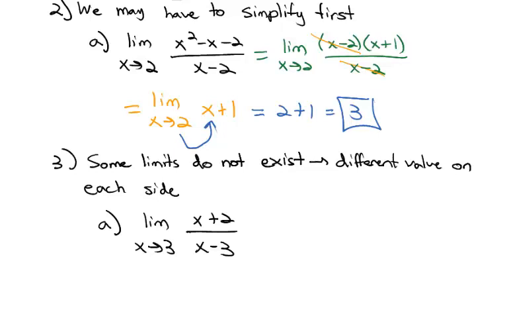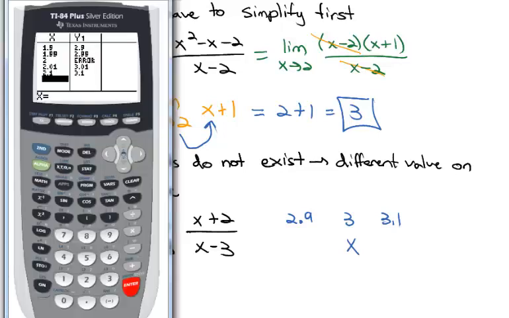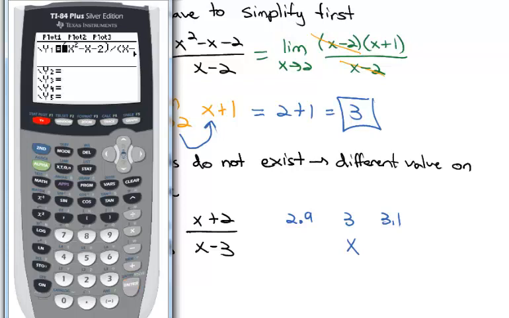Now, we can't plug 3 in because that would make the denominator 0. That's undefined. That's bad. We can't factor, so we might try the strategy we did before where we'll look at 2.9, 3, and 3.1. Well, we know 3 is undefined. We just want to see what's happening on both sides. So we'll go to y equals.